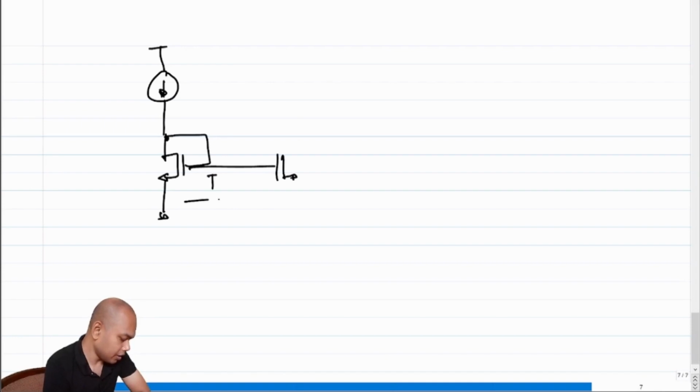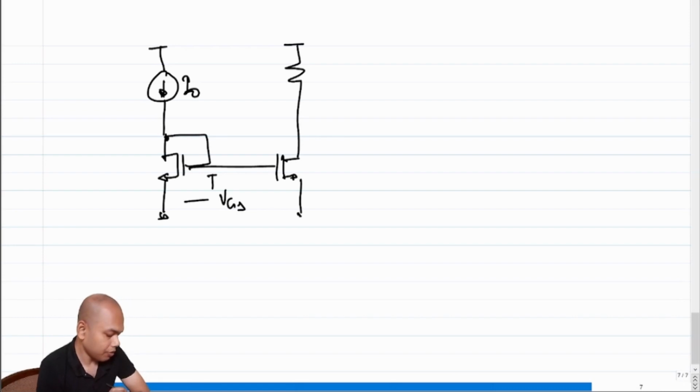This diode connected transistor creates a VGS equivalent to the current source I0, and we then feed this VGS back to one of the transistors of interest, and we bias a second transistor like this. So if we have to do the same thing for our PMOS transistor, what should we do? We note that we have this PMOS transistor here.